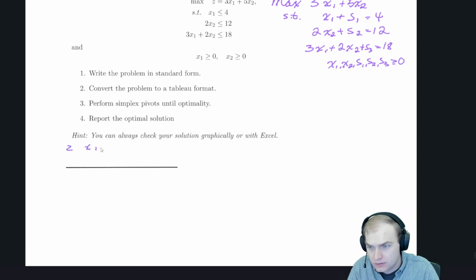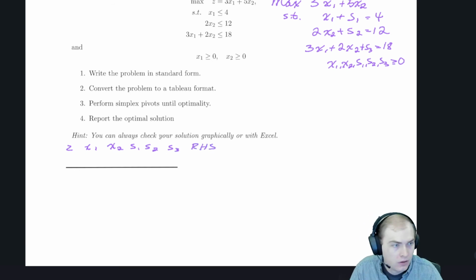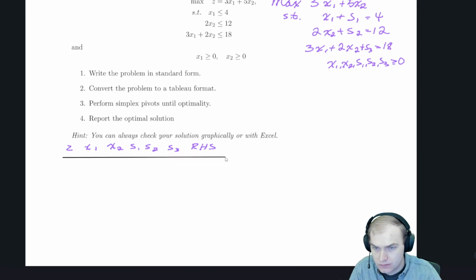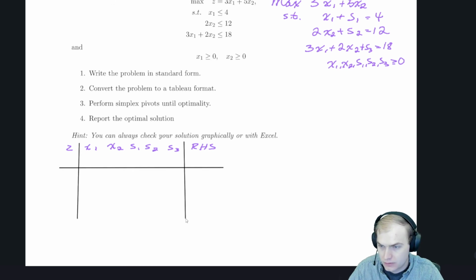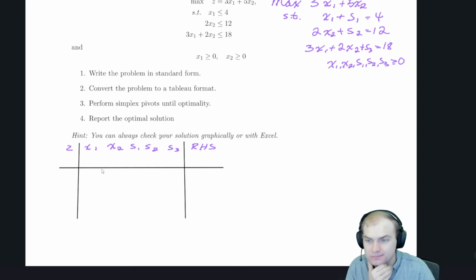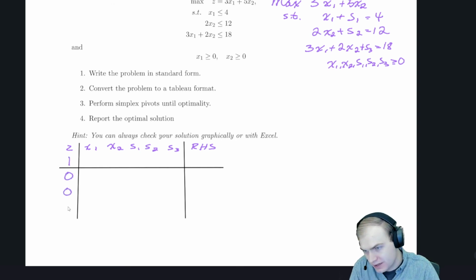Z, x1, x2, s1. I need a longer line. It needs to be lower down. Bingo. So Z column is always 1 followed by zeros.